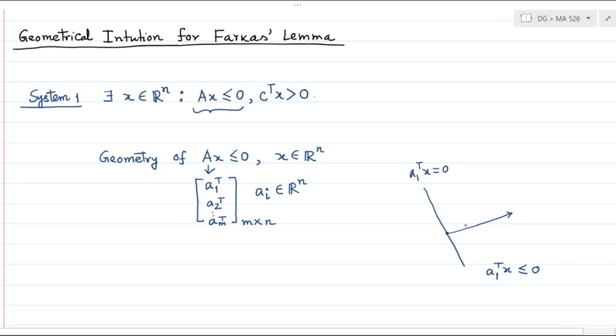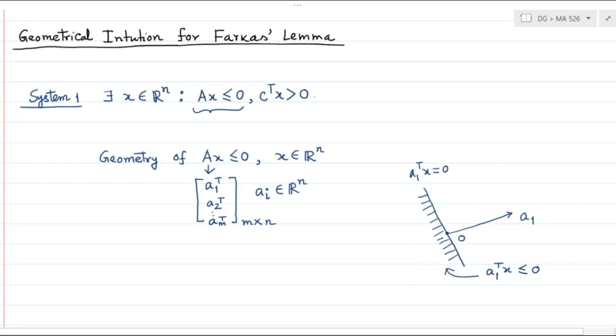Obviously you note that A1 transpose x less than or equal to 0 is the different side than the side of A1, because if you plug in x equals A1, then A1 transpose A1 will give us a positive quantity if A1 is a non-null vector. So if this is the direction of A1, here is your origin, then this side locates your A1 transpose x less than or equal to 0.